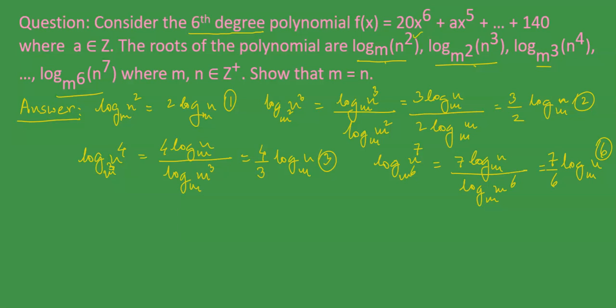Okay. And now coming to the polynomial f of x. Since f of x is a polynomial of degree 6, it is having 6 roots.